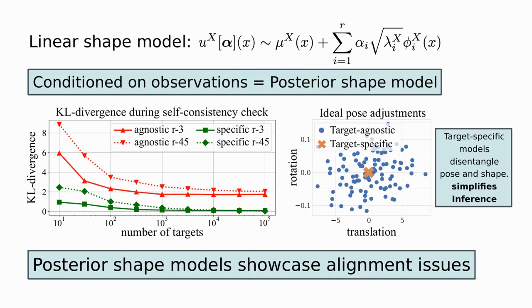We distinguish two cases. One, where there is a model mismatch, then we call it target agnostic. Otherwise, we call it target specific. The right shows how a target specific model requires no further pose optimization to fit to a specific target. This greatly simplifies posterior inference.